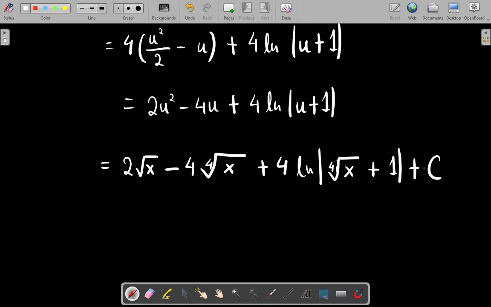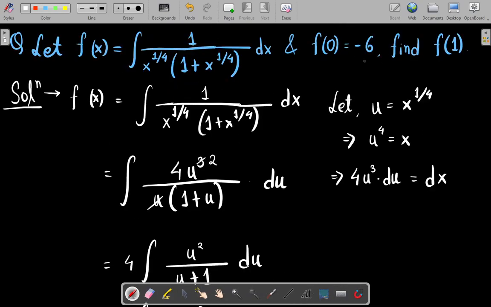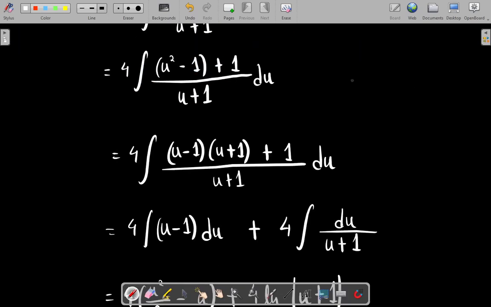I have used the constant of integration in the very final step, because up to here it was u, which was not the original variable in the question.